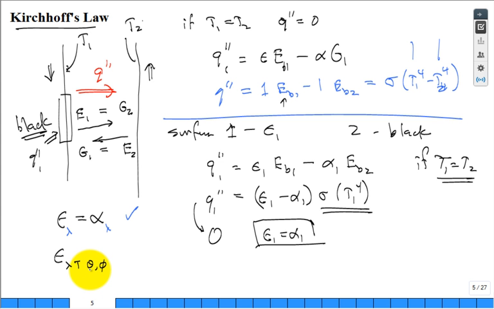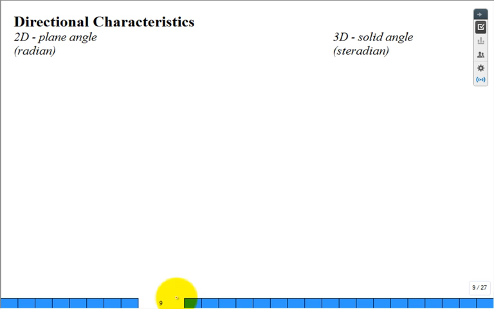I'd say you really studied Kirchhoff's law, because now you really know that it's not just epsilon equal to alpha, but it's at every single wavelength, at every temperature of that surface, in every direction characterized by that theta and phi. The same thing for the outgoing. So let's just leave it at that. This is kind of more of a graduate discussion. I did this last time, did I not?